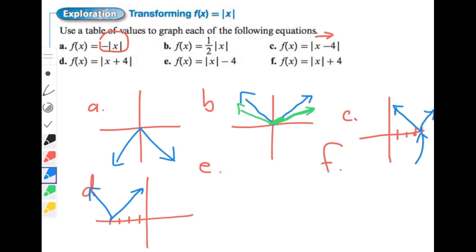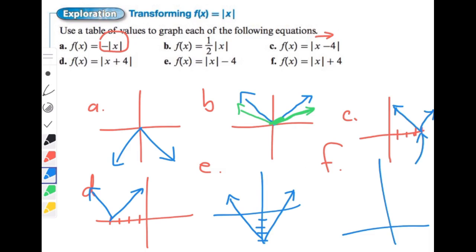That's like a y-intercept, the same thing as y equals mx plus b. So this one is -4: 1, 2, 3, 4. That's going to go down. So that one's pretty normal, and then we have our V-shaped graph. And then for F, that's +4, so that's going to be up here.